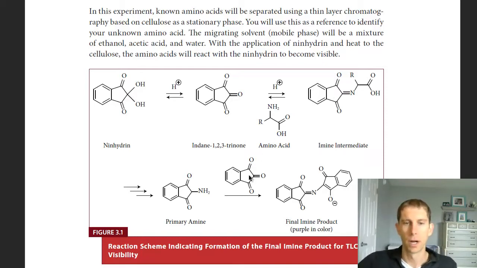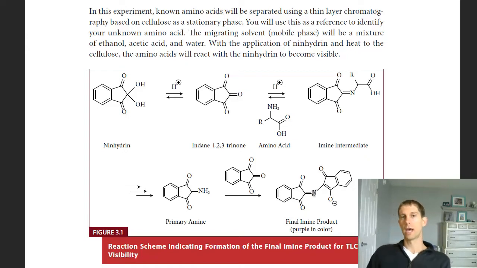There was then a similar process between another equivalent of the trione and the primary amine that we formed to make our final product, which is what was purple in color on the TLC plate. Now notice that the only part of the amino acid within this compound is simply the nitrogen.